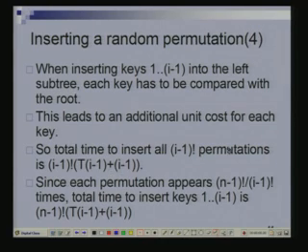The total time to insert all the I minus 1 factorial permutations is this much, but each of the permutations is now appearing so many times. So, it is just this times this, which is n minus 1 factorial times this part. This is the total time I take to insert the keys 1 through I minus 1 into my tree, where this sum is taken over all the n minus 1 factorial permutations, and this is the total time for permutations in which the first element is I.